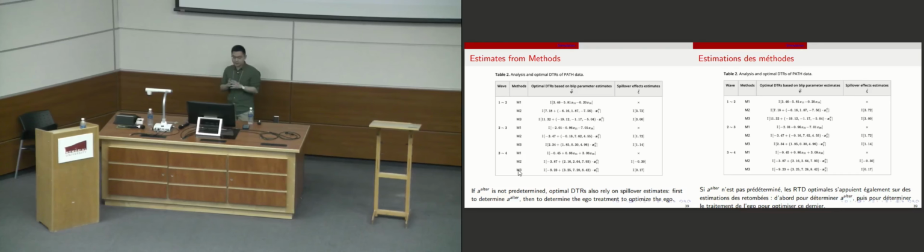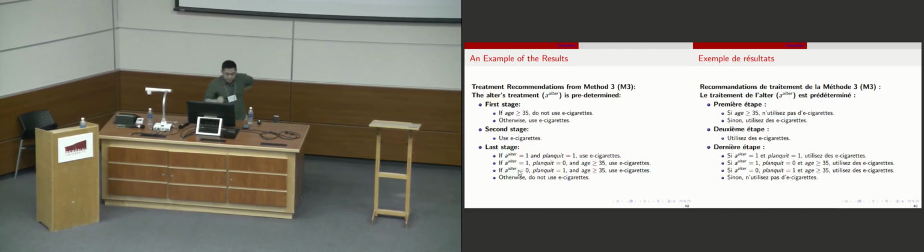We can find the optimal rule for both individuals in the household. So I will give you an example. First, for the first scenario, your neighbor's treatment is predetermined. For the last stage, we can see here, if the alter equals 1, it means your spouse uses e-cigarettes.